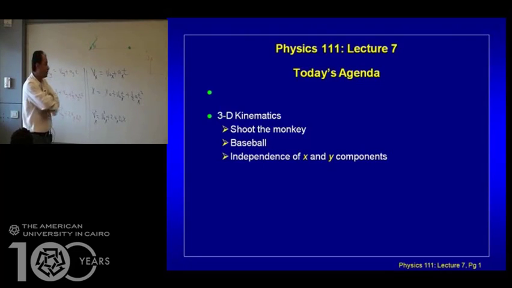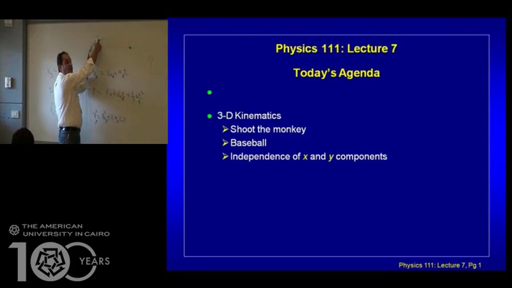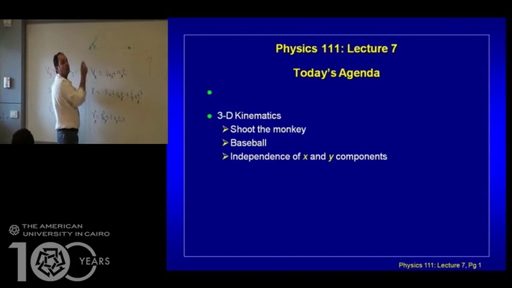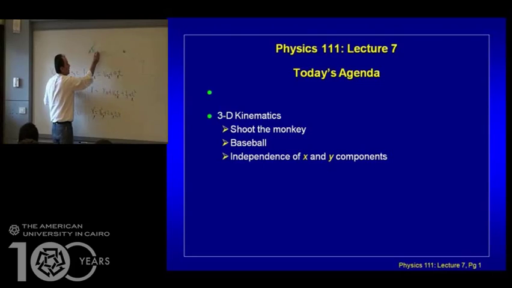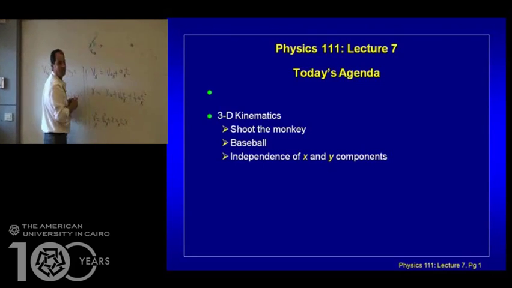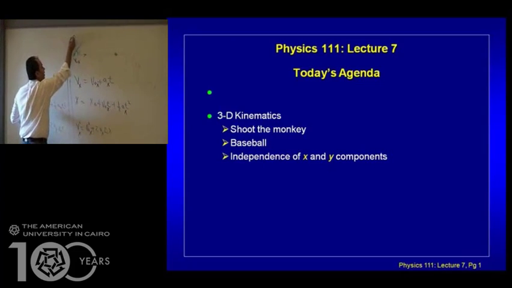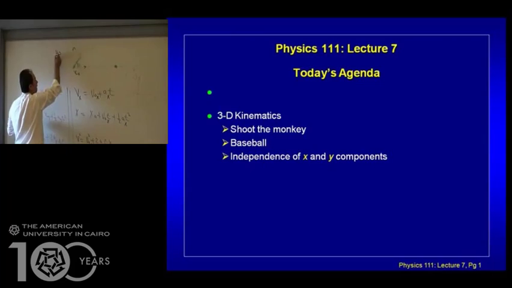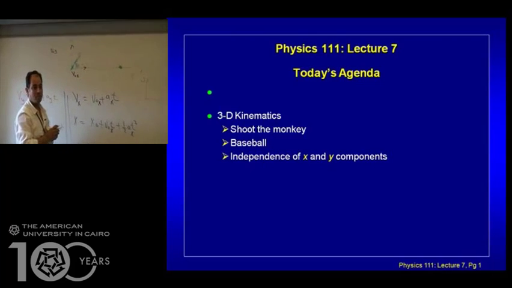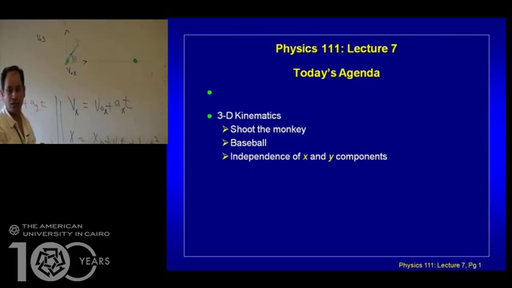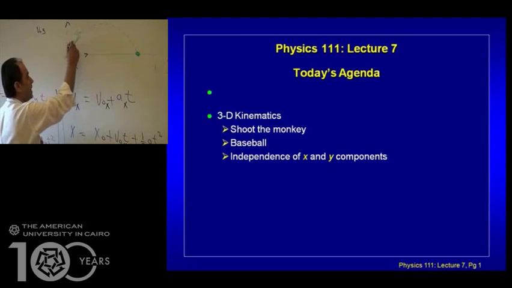Again, Mariam, remember this is a vector. Velocity is a vector. Can we resolve that vector into two components? One along x, the initial velocity along the x-axis, and one along y. Can we do that? Knowing the angle, that angle is theta.